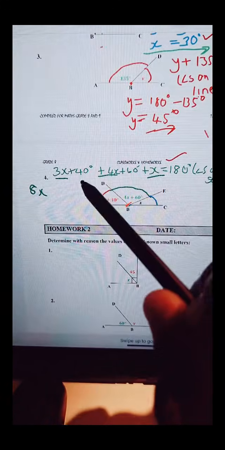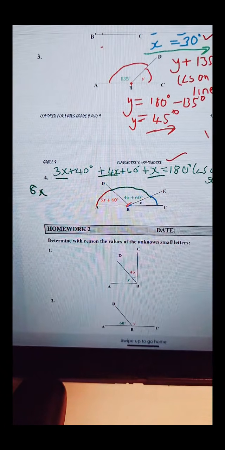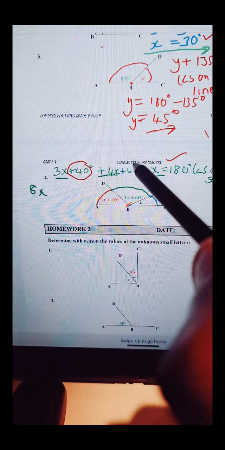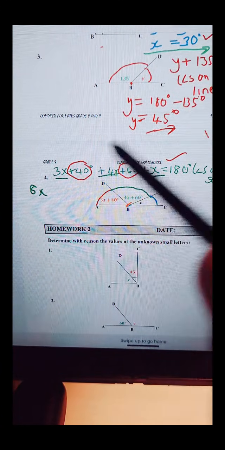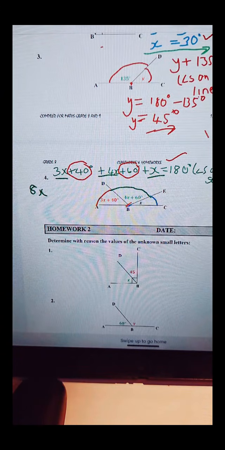8x. Then we move on to the angles, the numerical angles. Yesterday, my goodness. 40 plus 60 plus... So 40 plus 60.